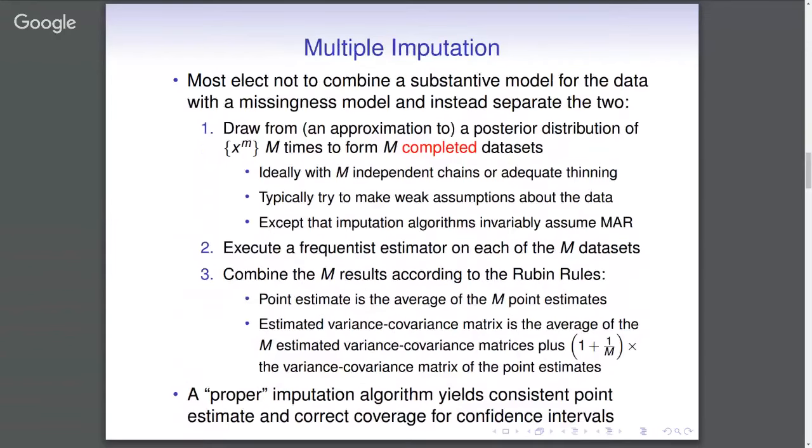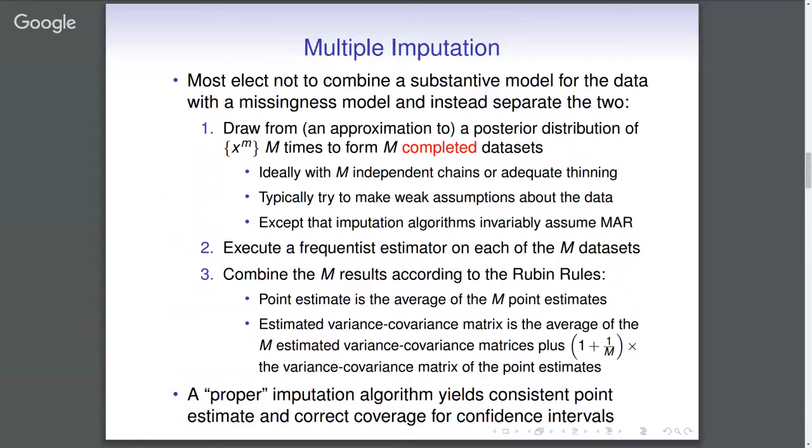So multiple imputation assumes missing at random, so you don't have to model R. And then instead of drawing from the joint distribution of xm and theta, you first draw from the posterior distribution of xm, use those completed data sets to get several maximum likelihood estimates of theta, and average them together to get a single estimate of theta.